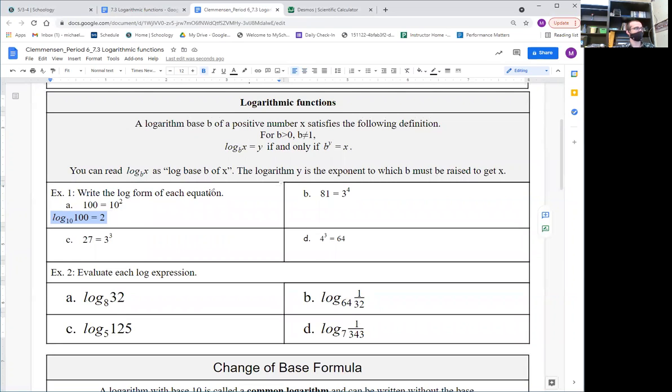So if I'm looking at this problem right here, my 2 that was up here as an exponent is now my equal to part, right down here. And the 10, you can think of as going down here, that little bottom part right there. And my 100 goes right here.